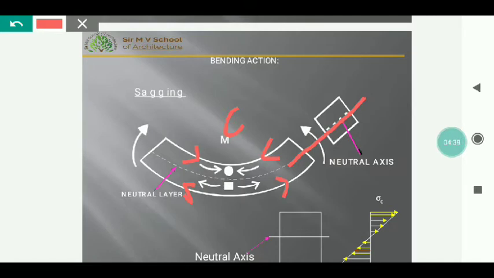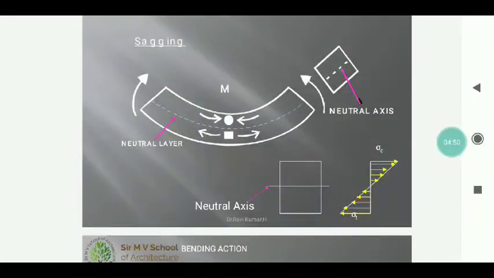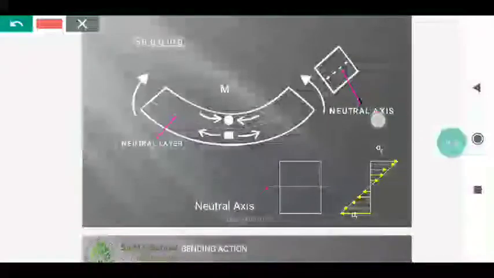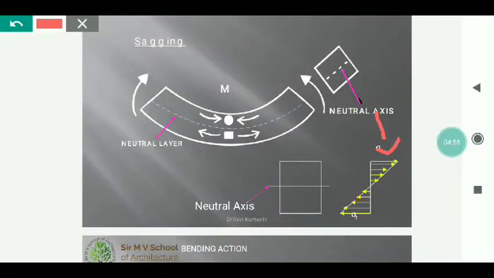Resisting this compressive force is called compressive stress, and resisting this tensile force is called tensile stress. A small diagram illustrates the compressive stress at the top and the tensile stress at the bottom, and the middle layer where you don't have any stress is called the neutral layer, and that axis is called the neutral axis.